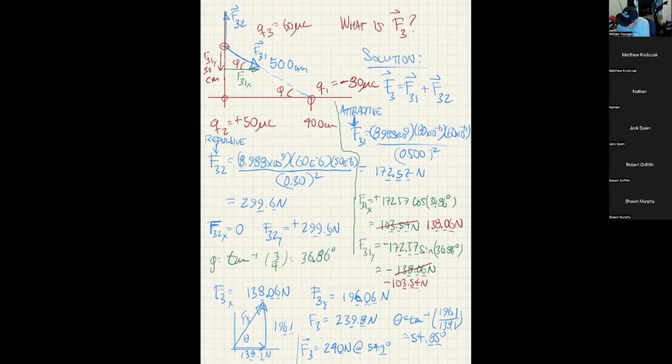Okay. Any questions on that? I'm getting like 221. Did you? Let me see if I mistyped anything. I've got 138.06 squared plus 196.06 squared. Did you get 138 and 196? Sorry, I used the 103, not the 138.